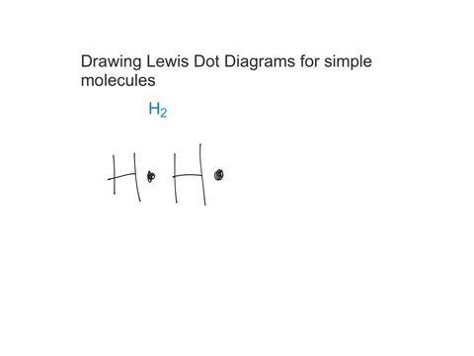When we have H2 in a covalent bond, each of these hydrogens is going to share their electrons together. We can draw that right here, as you can see. These shared electrons, shared by both atoms, are then going to move around each of these atoms.